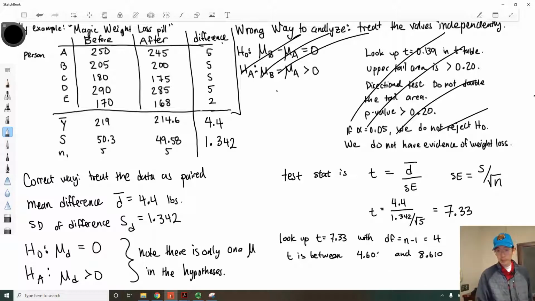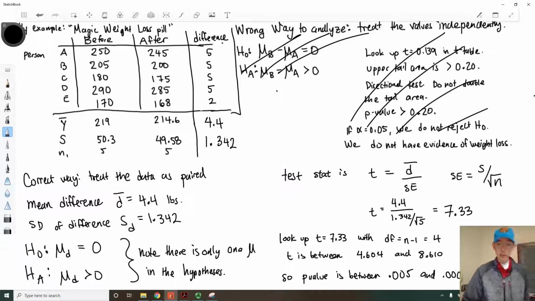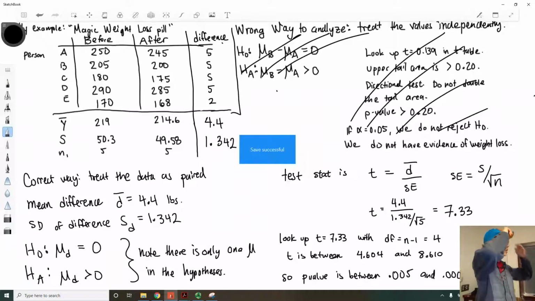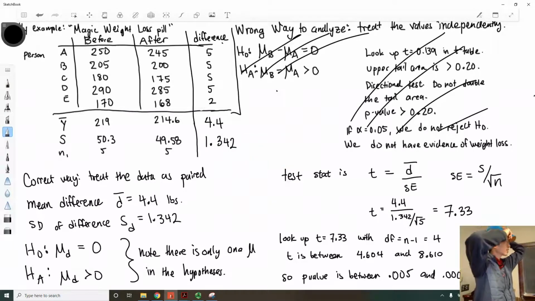Okay. So the p-value is between 0.005 and 0.0005, and therefore we will reject the null hypothesis, come to the conclusion that this magic weight loss pill actually is effective.